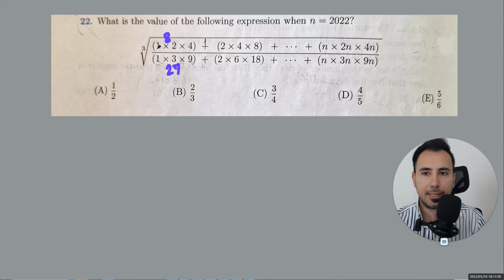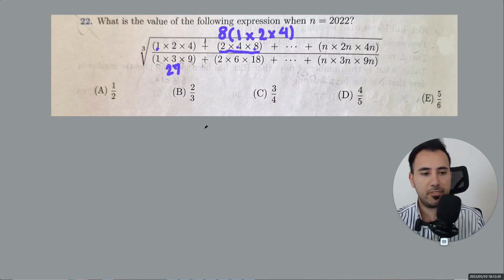Now, you see that each term is being multiplied by 2. 2 multiplied by 2 is 4, 4 multiplied by 2 is 8. So I could factorize 2 from each term. This will be the same as 8, I'm writing this one, 1 multiplied by 2 multiplied by 4.